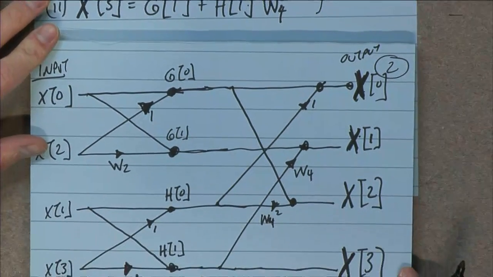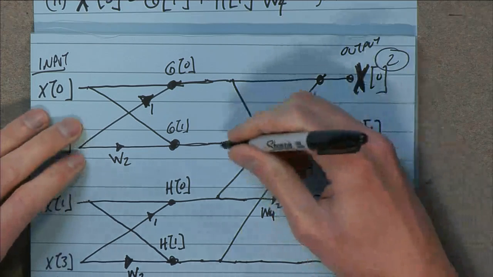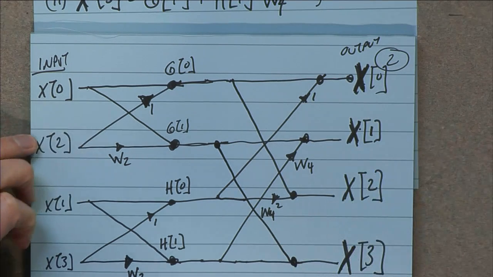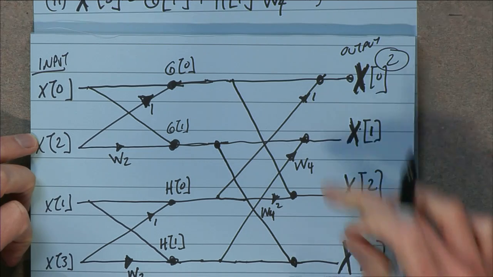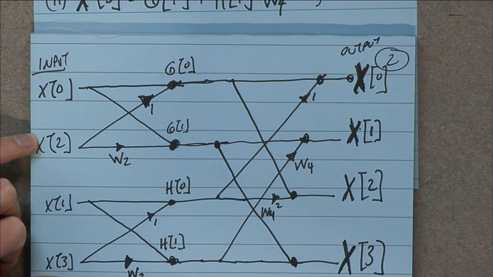When we're done, it needs to look pretty, like that, where you have what we're going to call these butterflies. Otherwise, you can almost tell that you've drawn it wrong if it isn't neat, because you'd say, okay, that doesn't look like a DFT butterfly or FFT butterfly.